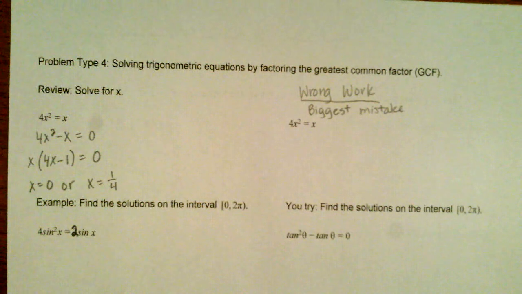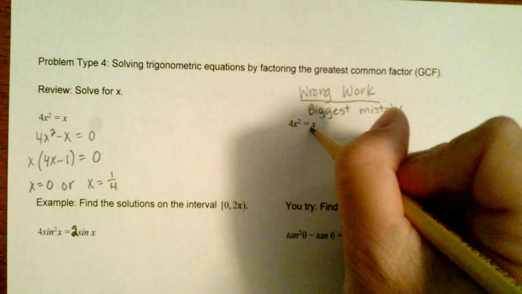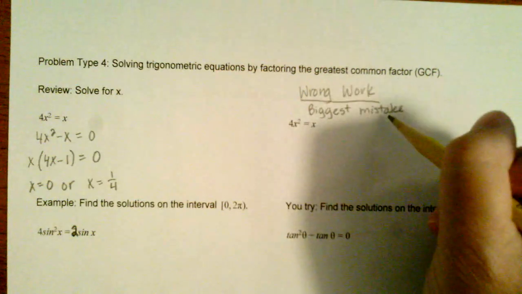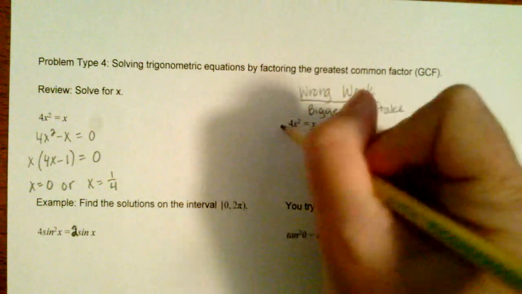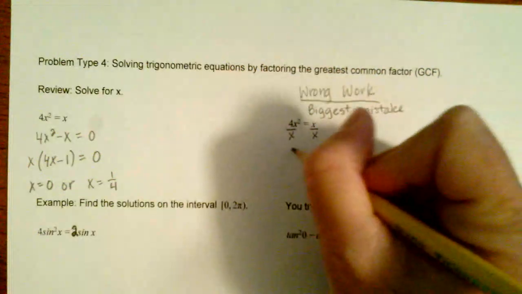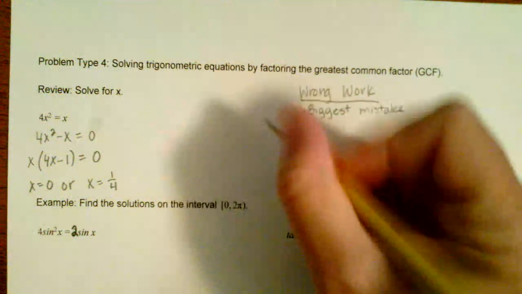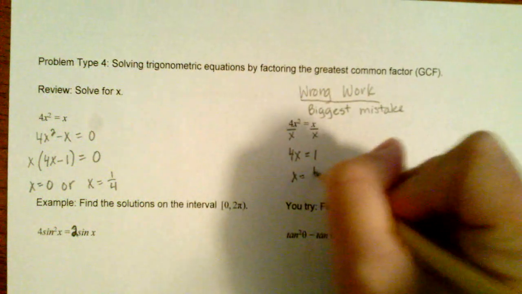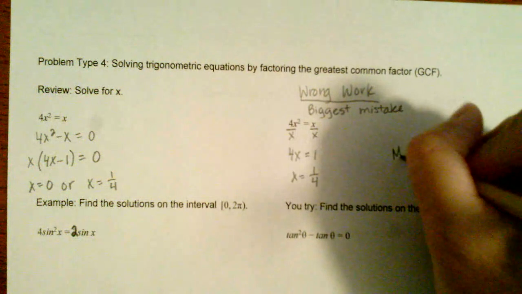Okay, the biggest mistake when people do this is that they'll try to divide. And again, this is wrong work. Okay, please do not do this. If we divide both sides by x, I'm going to get 4x equals 1, and I'm going to have the solution x equals 1/4. But do you see how I missed a solution?